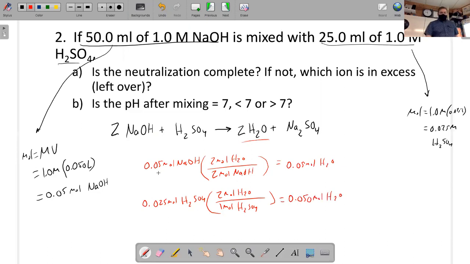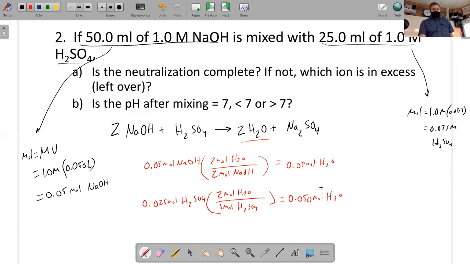In other words, the molar quantity of sodium hydroxide is enough to make 0.05 moles of water, and the molar quantity of sulfuric acid is also the right amount to make 0.050 moles of water. As a result, the quantities of each of the reactants make exactly the same amount of product, and this reaction is a complete neutralization.